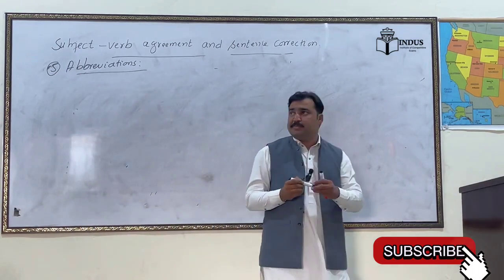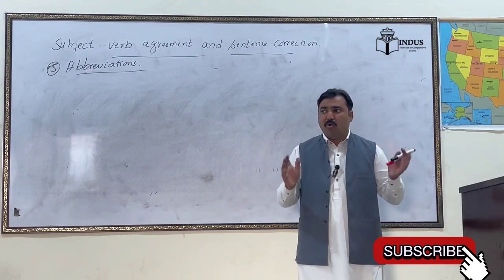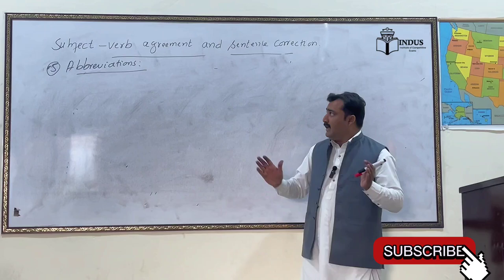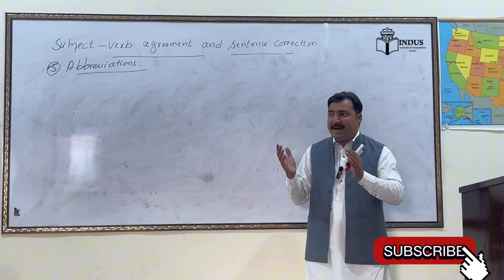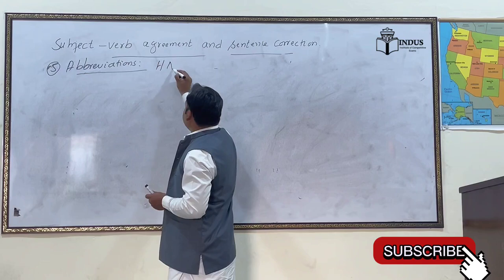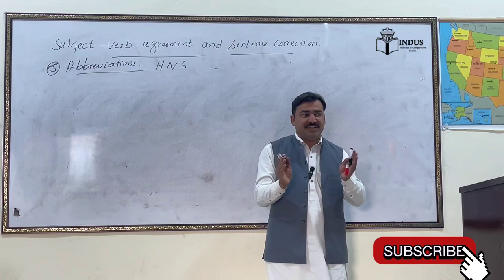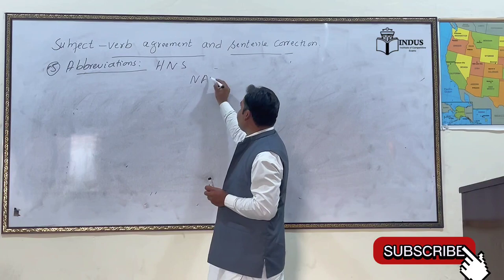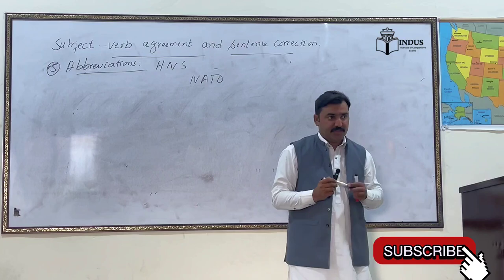What is the difference between abbreviation and acronyms? Both are abbreviations. In abbreviations, you pronounce it by alphabets. For example, you say H and S. And when you pronounce an abbreviation as a full word, for example, I say NATO, it is called an acronym.